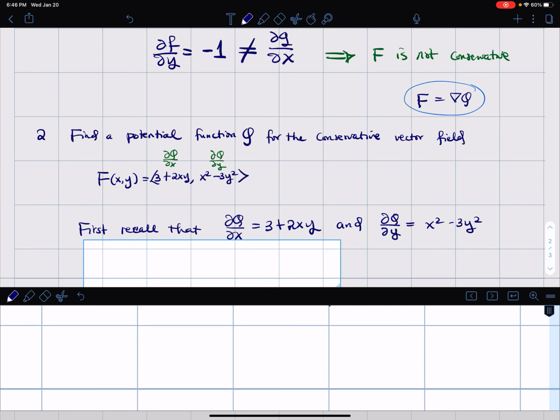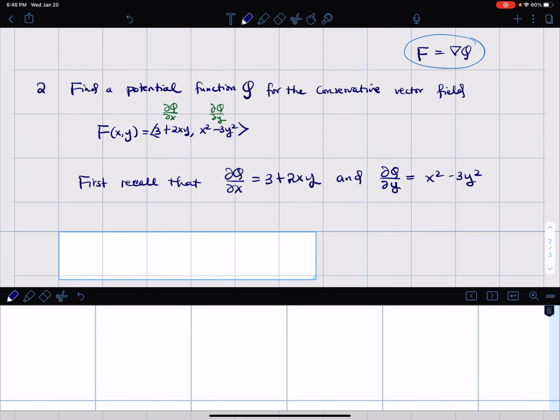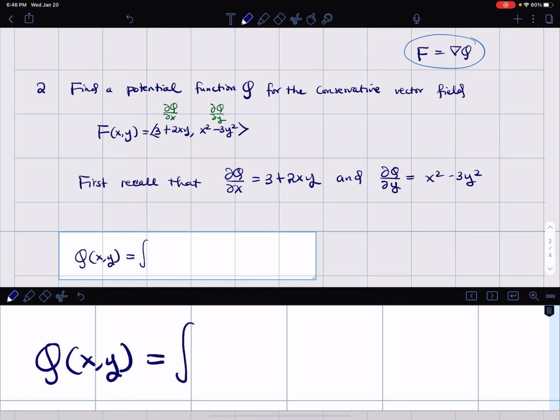All right? So we recall that. So if that's the case, phi of x, y is equal to the integral of 3 plus 2xy dx. Okay?